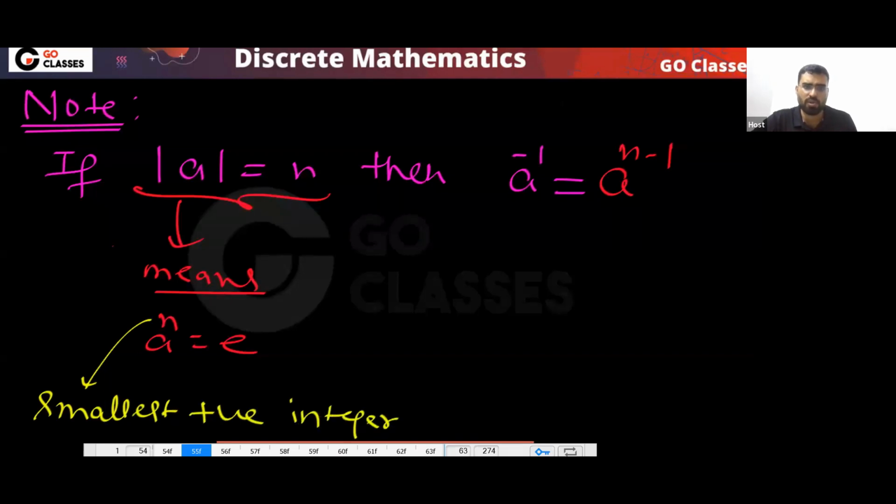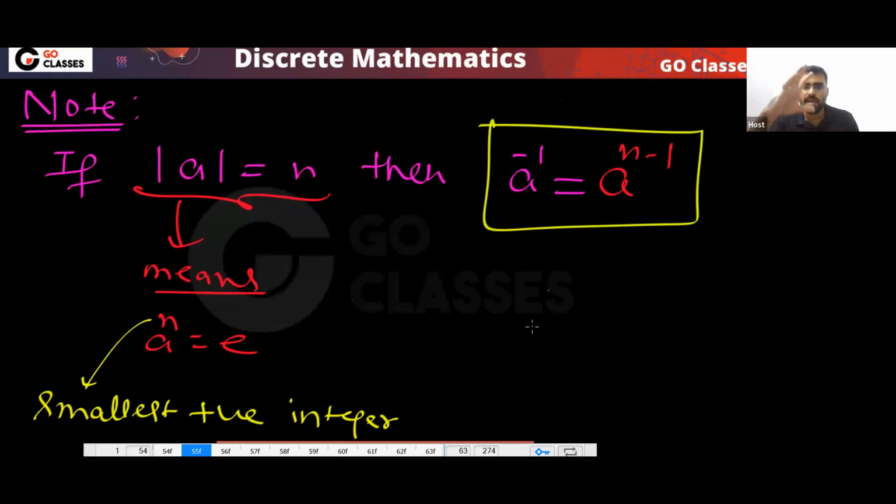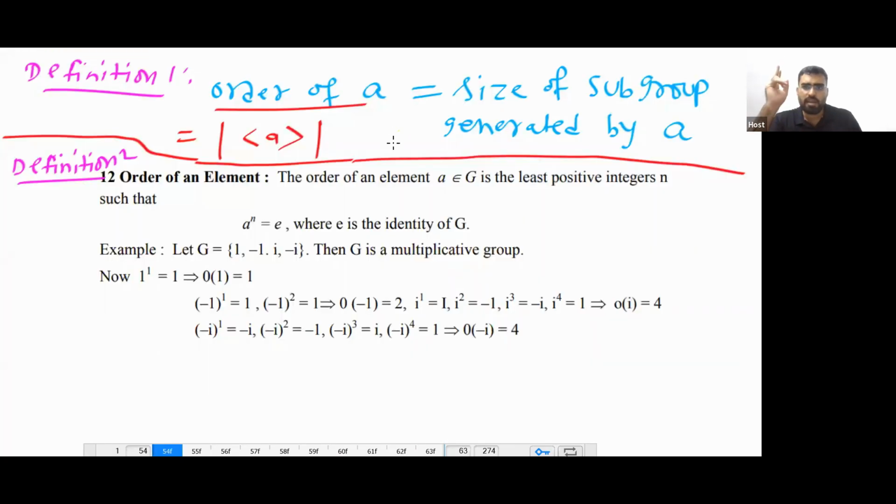Now, because A power n is equal to E, A inverse will be A power n minus 1. So you do not have to worry about why these two definitions are related to each other.